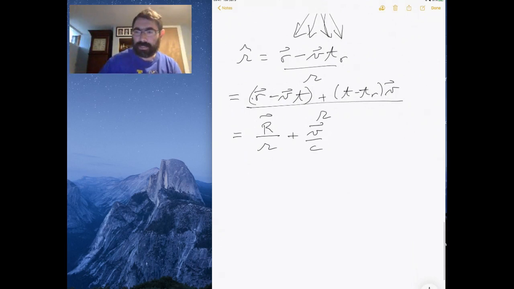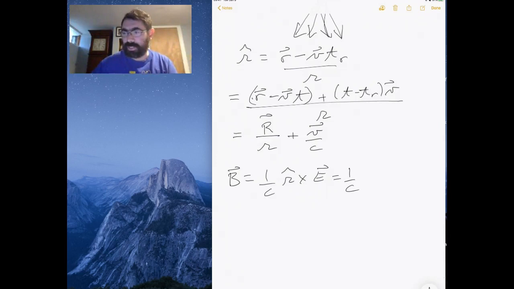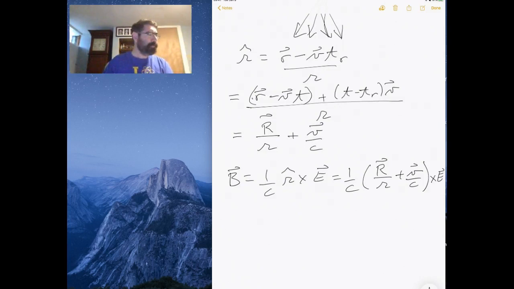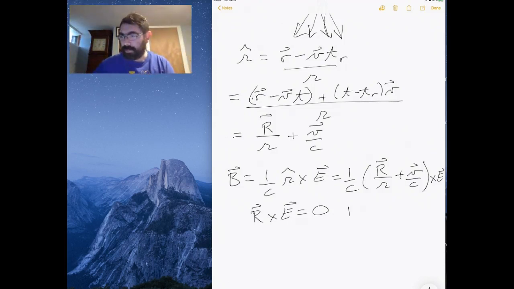So in the end, my magnetic field is 1 over c, r hat crossed E, which is 1 over c, r over r plus v over c crossed into the electric field. Now r crossed E is 0 because E is proportional to r.